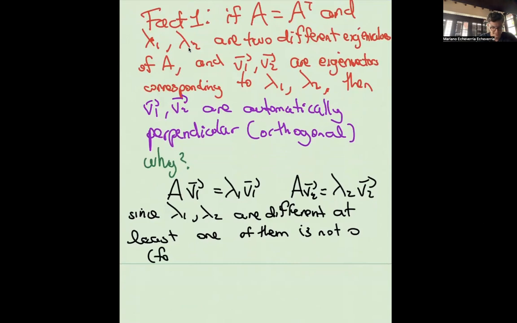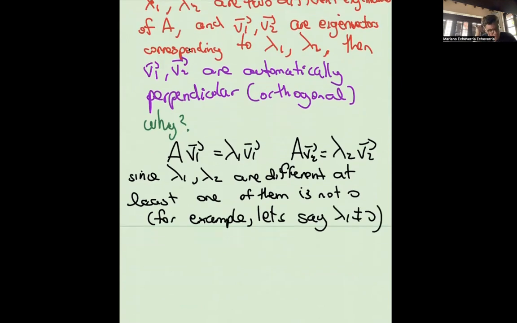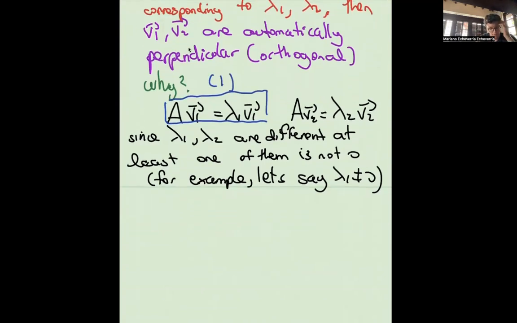Why is that useful? Because if lambda1 is not zero, then I can divide that equation by lambda1, and so I can solve for V1 in this equation.